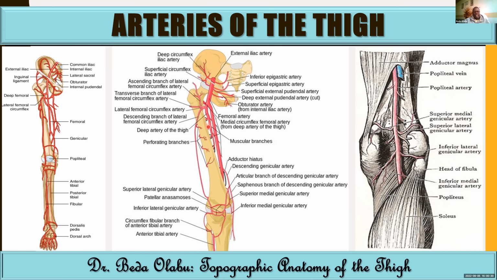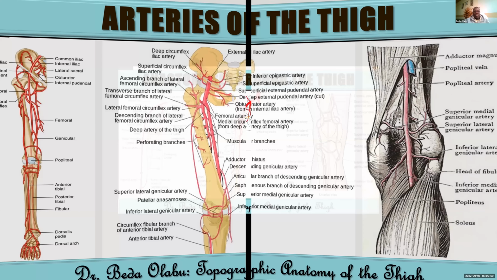So first, second, third and fourth perforating arteries are branches of the profunda femoris. The fourth perforating artery is usually considered the terminal branch of the profunda femoris artery. The perforating arteries go beyond the medial compartment, anteromedial compartment, to supply the posterior compartment of the thigh. They're the ones that contribute to the blood supply of the posterior compartment.